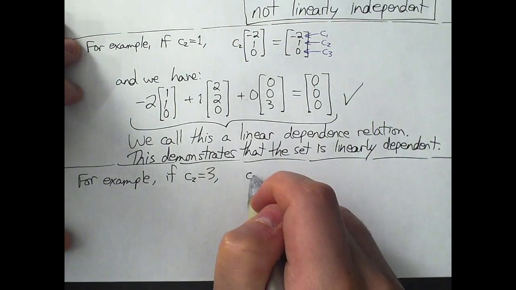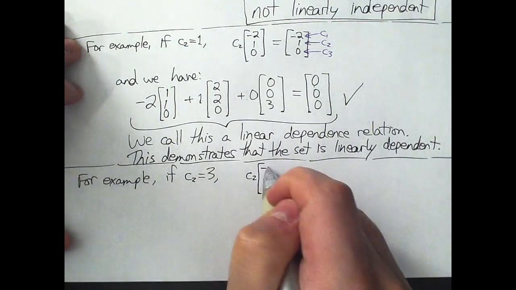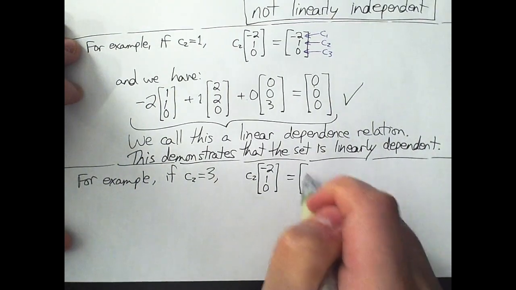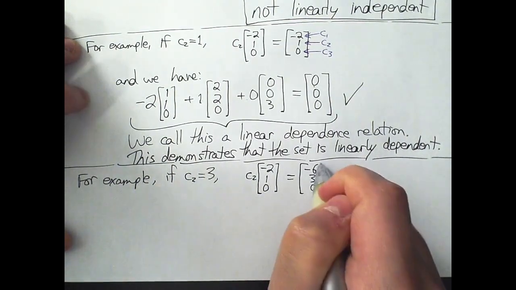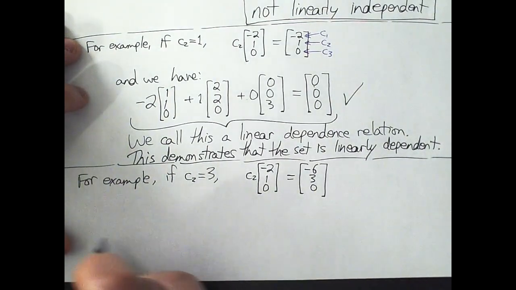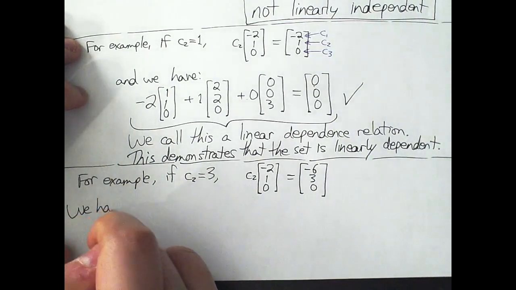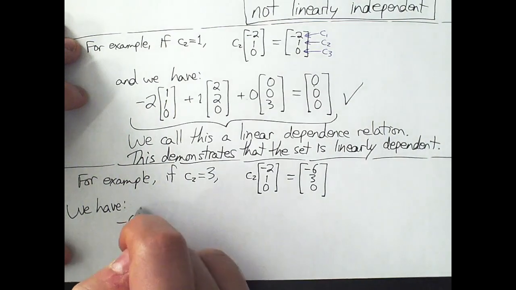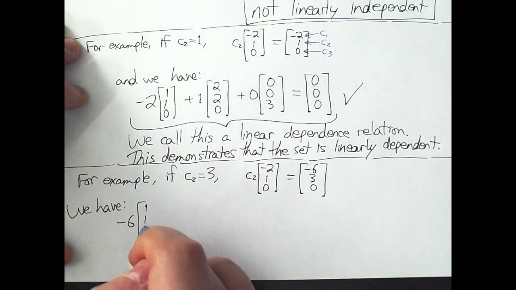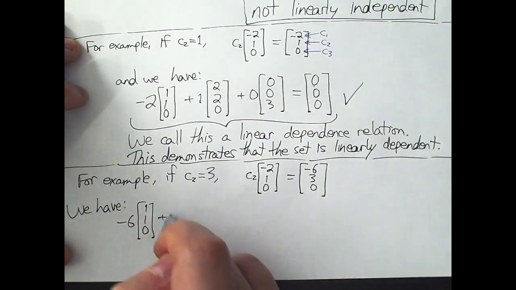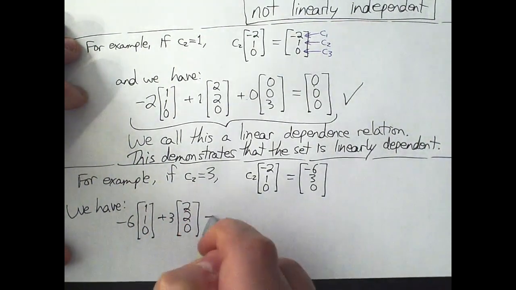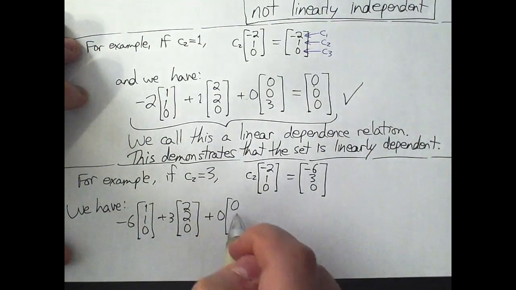In that case, the solution that we got would look like -6, 3, 0. And the linear dependence relation that we write would have -6 times the first vector plus 3 times the next vector plus 0 times the third one.